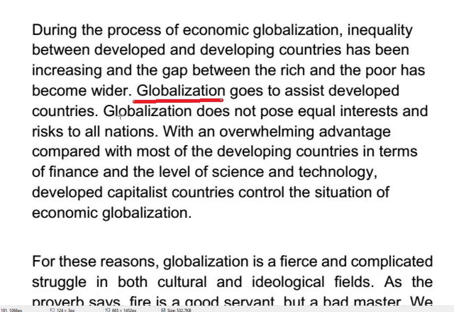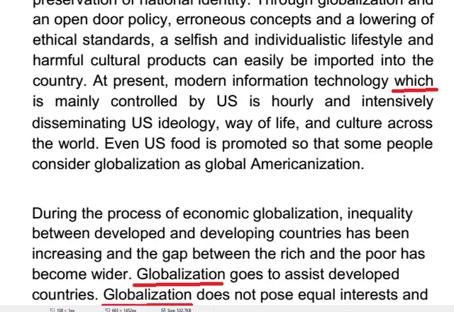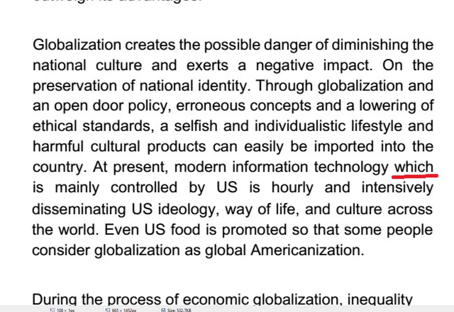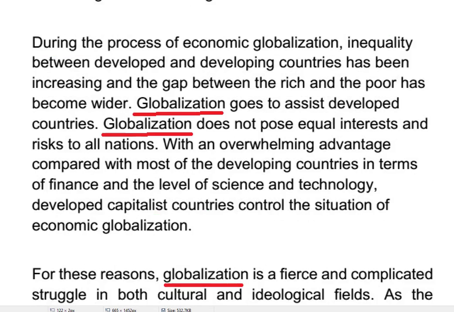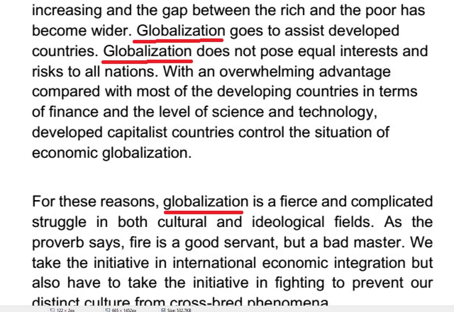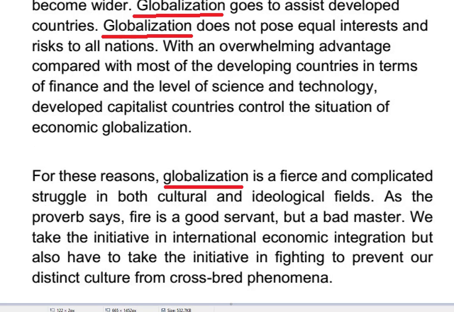Globalization is just repeated so many times. Globalization. This is kind of repetitive. Globalization. Okay. Unfortunately, there aren't many synonyms for this word, but it does seem to be getting quite repetitive. For these reasons, okay, that's good. Start your conclusion with a phrase like that.